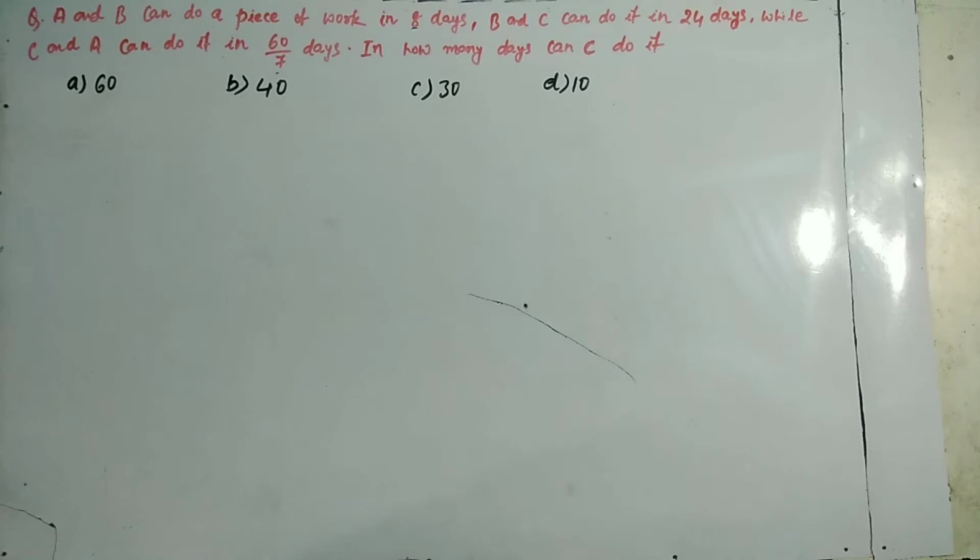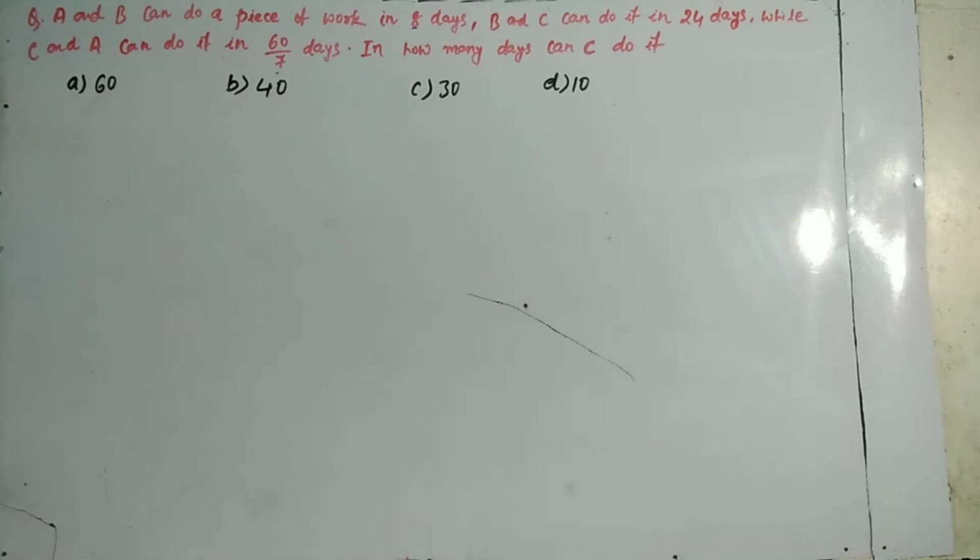The question says A and B can do a work in 8 days, and B and C can do that work in 24 days, while C and A can do that work in 60 by 7 days.